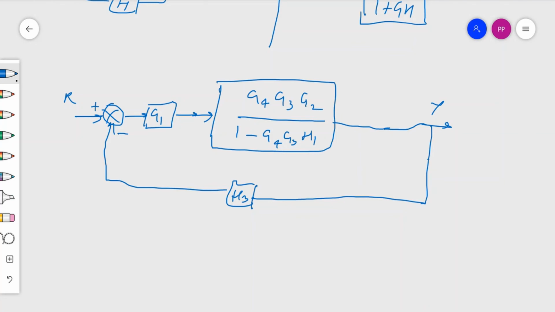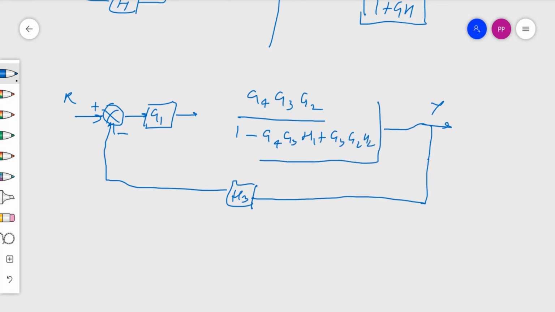Sorry, I have made some mistakes in writing the values. It should have the equivalent of G4 G3 G2 divided by 1 minus G4 G3 H1 plus G3 G2 H2.